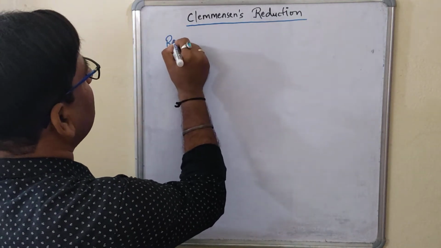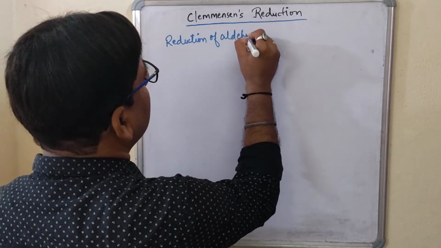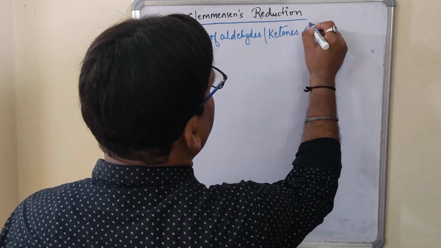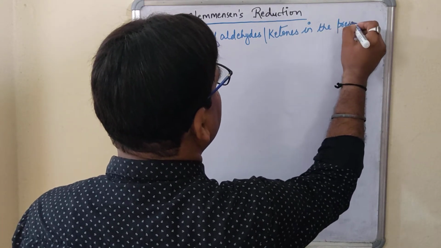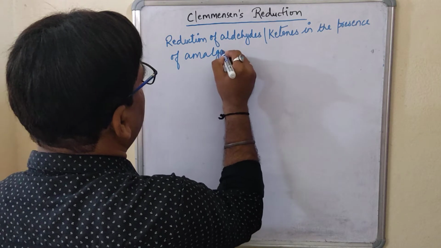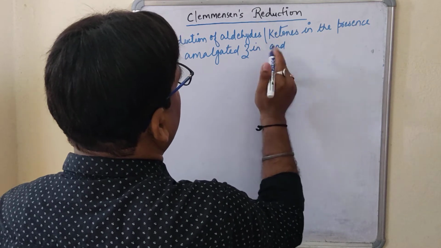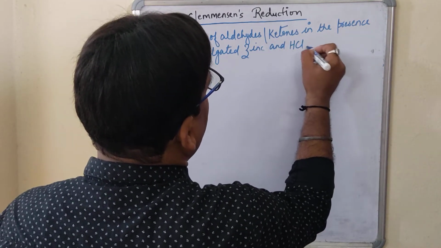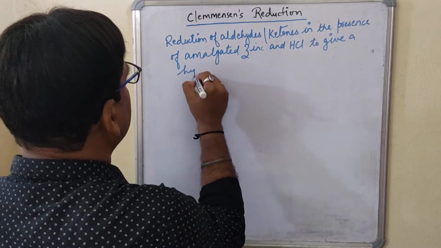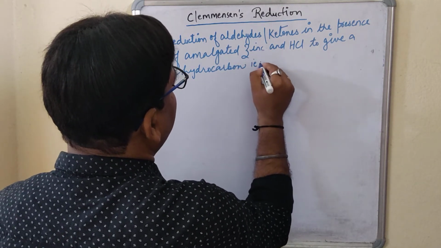So it is the reduction of aldehyde or ketones in the presence of amalgamated zinc and HCl to give a hydrocarbon, that is alkane.